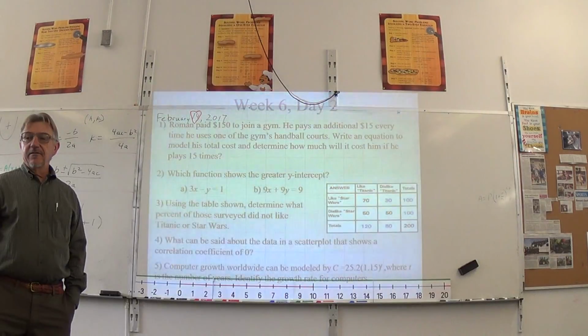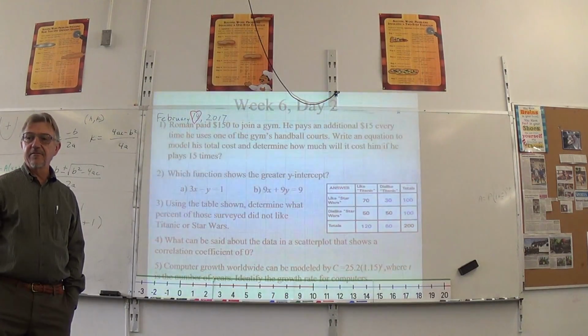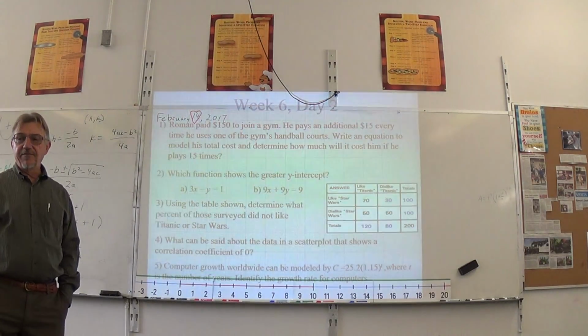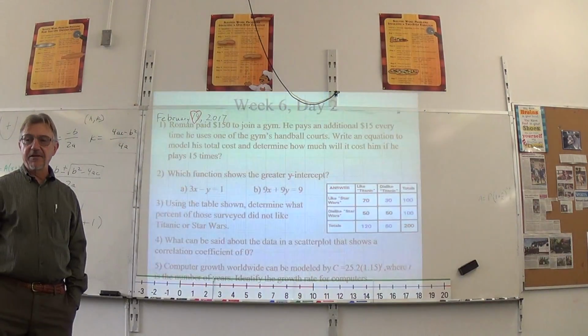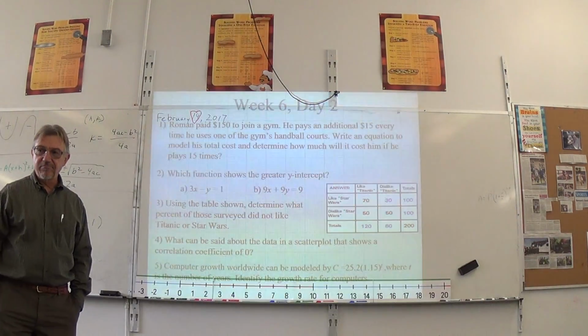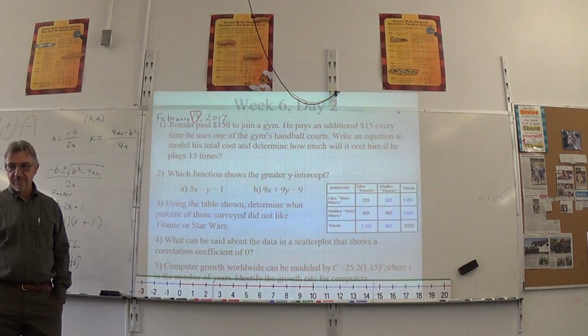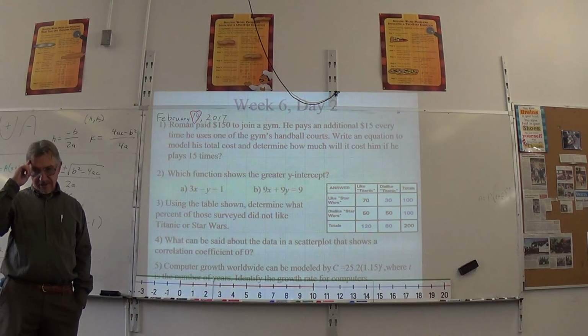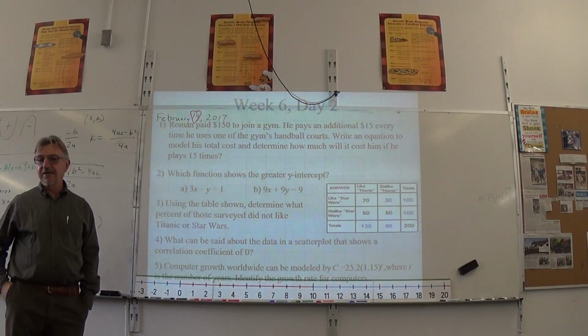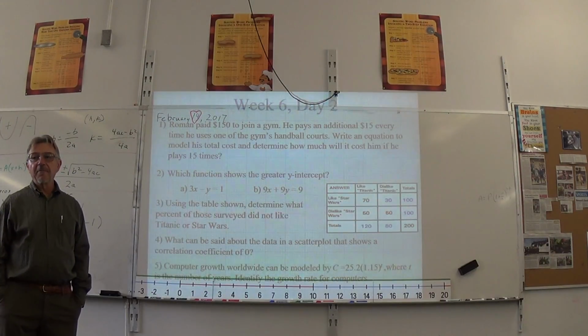Carson? X is 15, so you have 15 times 15 plus 150. You got it. There you go. Remember, you're the king of calculator.